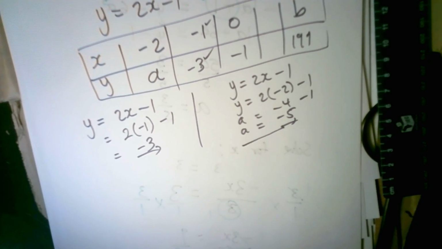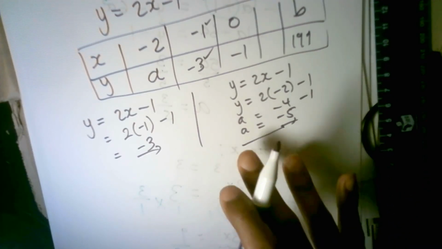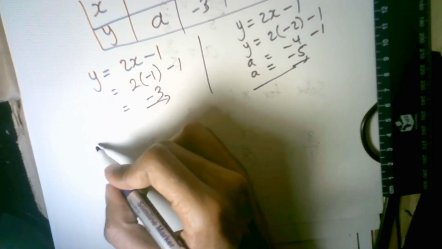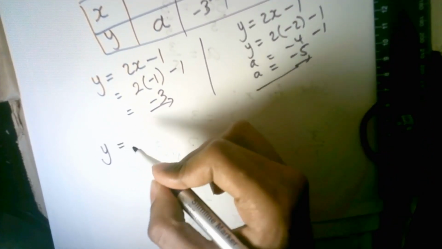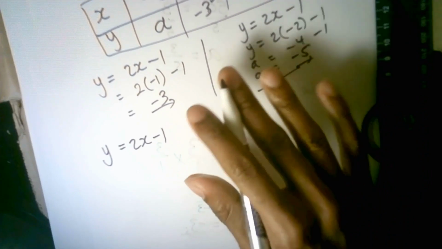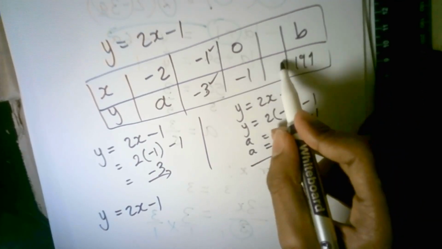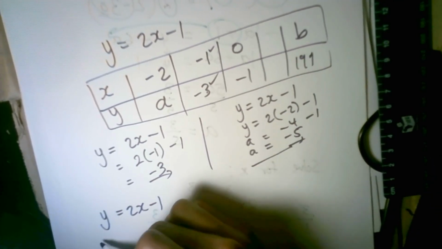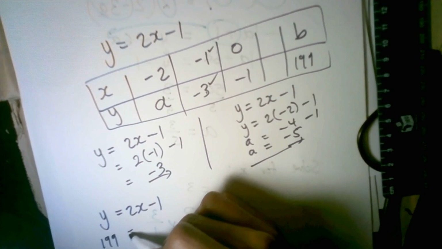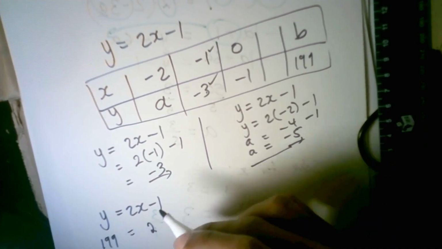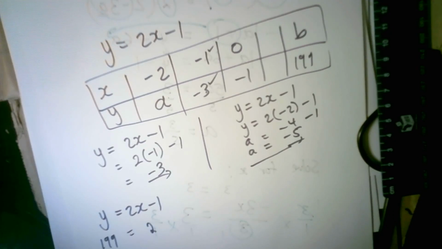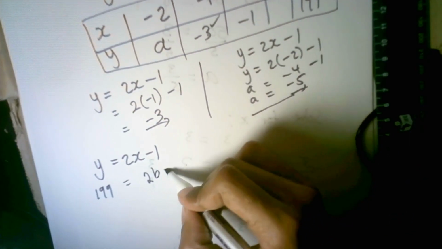And when the y value is 199, we can use our inverse operations to find the b value. So let's see what I mean. I'm given the equation y is equal to 2x minus 1, right? I want to find this b value. So I'm going to substitute 199 in the place of y. It's equal to 2, and instead of writing 2x, which means 2 times x, I'm going to write 2b minus 1.